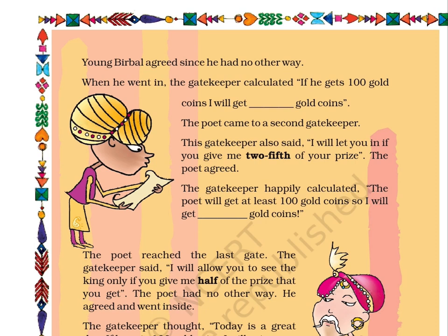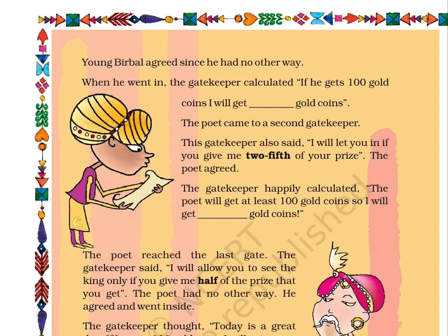This gatekeeper also said, "I will let you in if you give me 2/5 of your prize." The poet agreed. The gatekeeper happily calculated, "The poet will get at least 100 gold coins, so I will get dash gold coins." The poet reached the last gate.